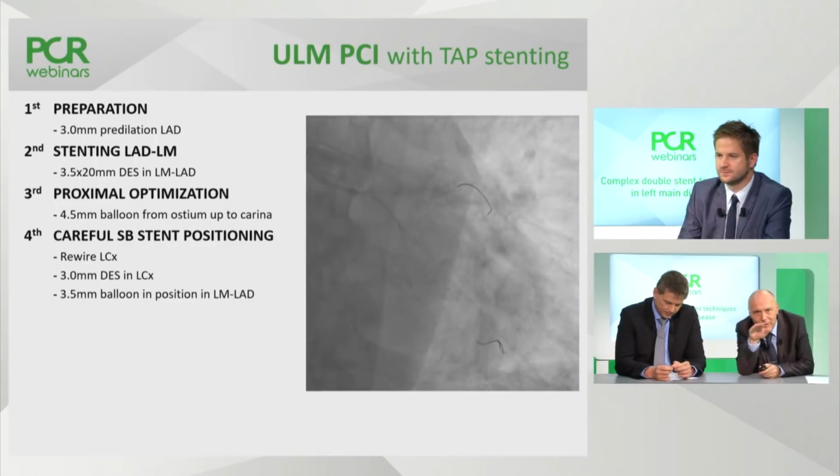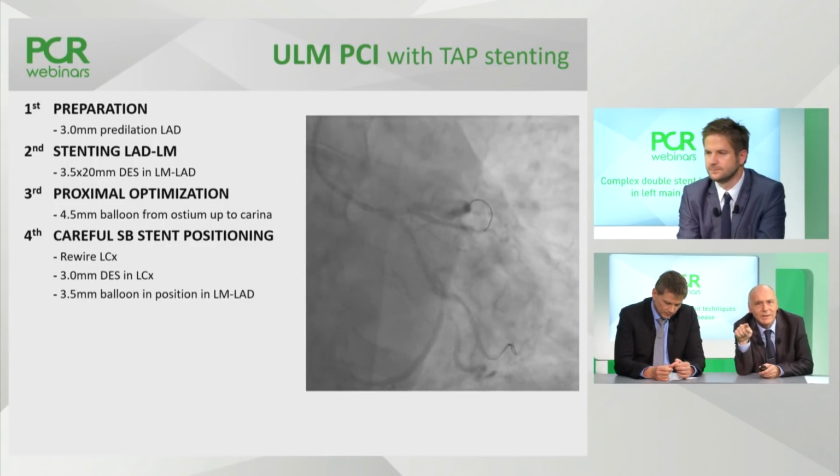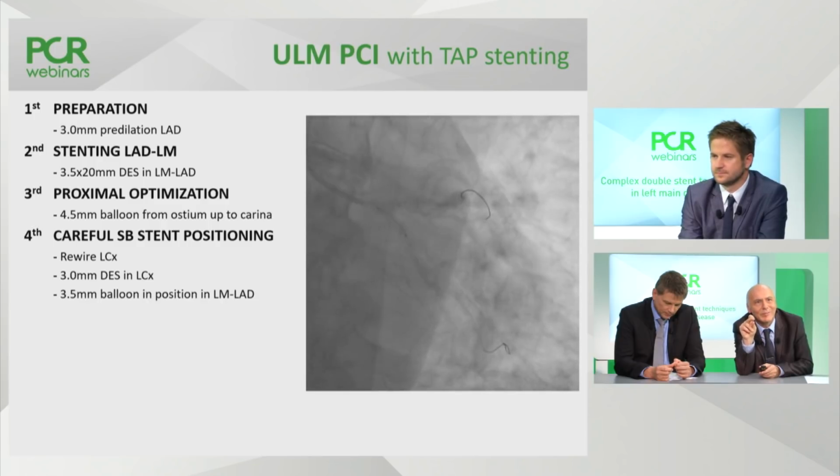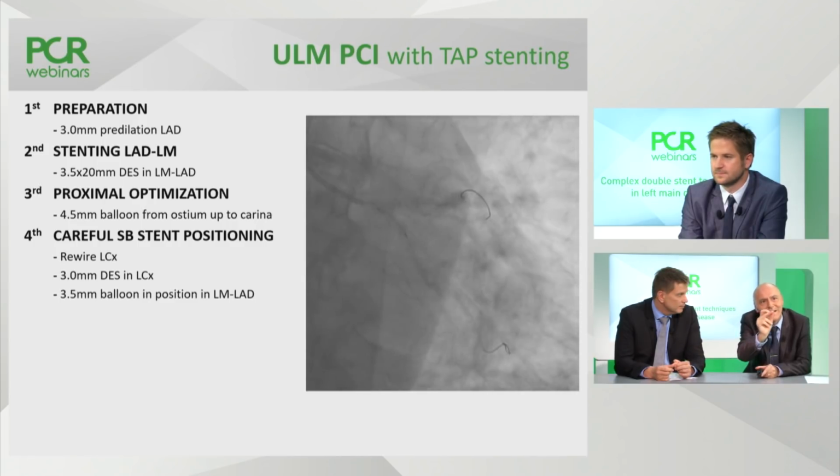Okay. Kissing, mandatory after side branch stenting? So, before deploying the circumflex stent, I placed the 3.5 balloon from the left main to the LAD. Again, this is the same size balloon as the stent. And then under protection, I deployed that stent.